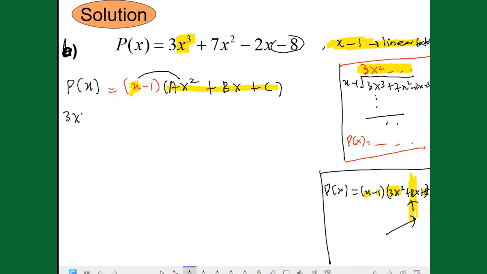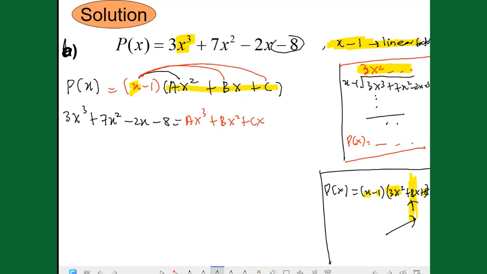Px is 3x cube plus 7x squared minus 2x minus 8. Ni Px is equal to, katakan nak expand juga, ini ax cube and then plus bx squared plus cx.